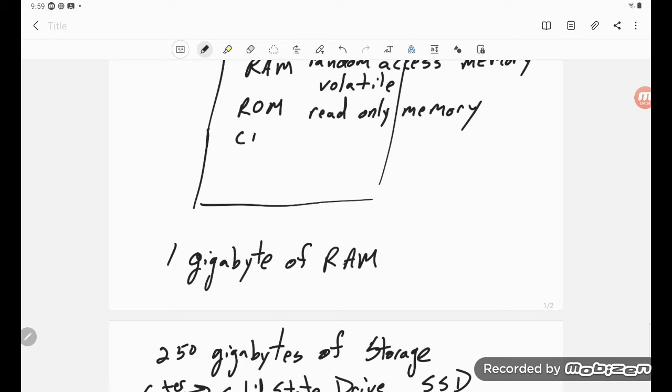There's the control unit that does exactly what it says. It kind of makes logic out of all this different stuff. There's an accumulator.